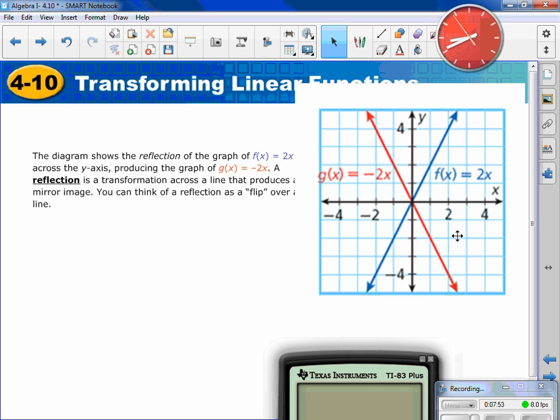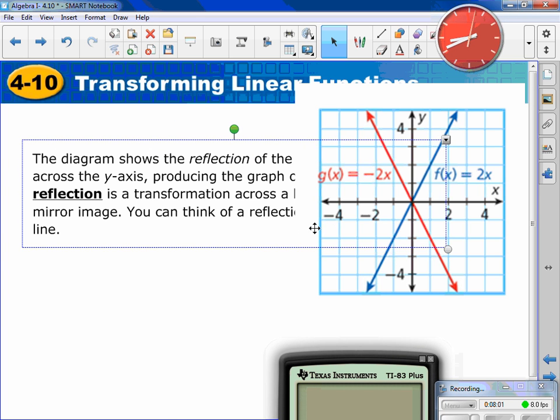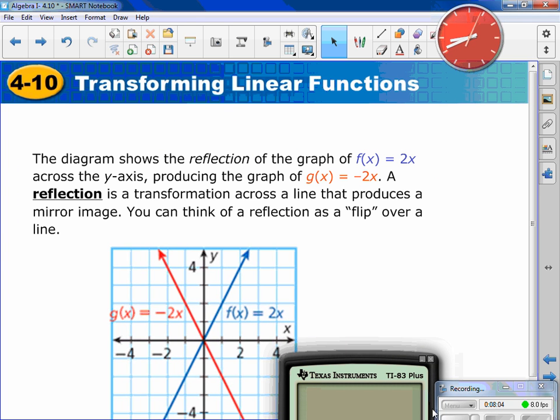By changing the sign, you're changing the reflection. The only thing a reflection does is change the sign of the slope. Y-intercept plays no part of it.